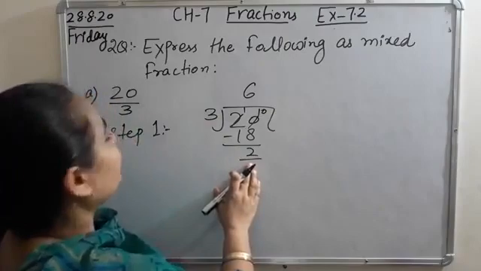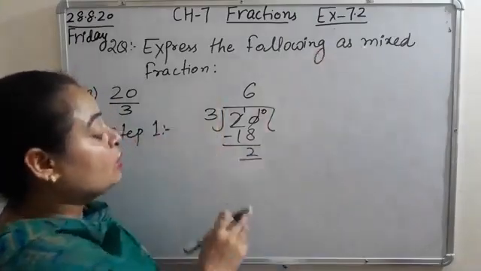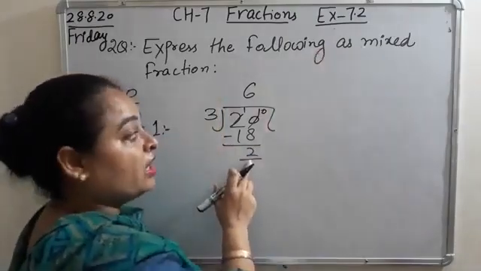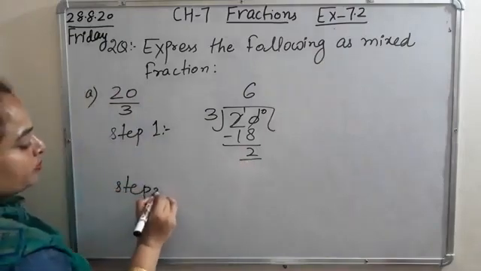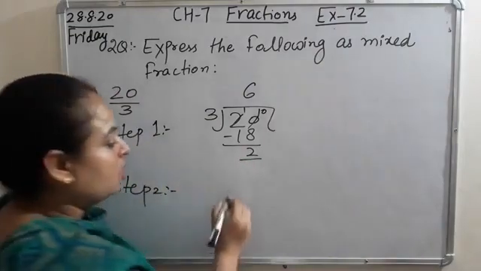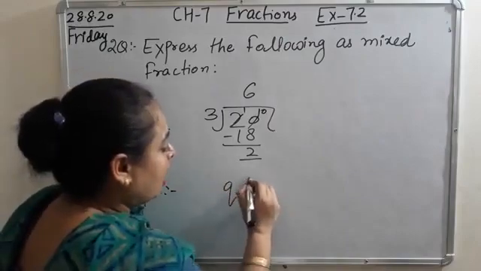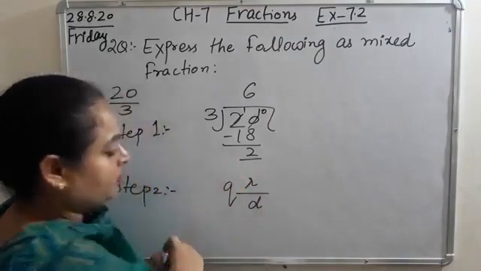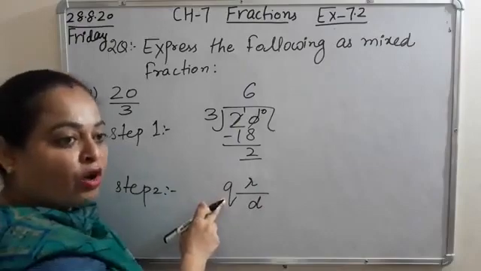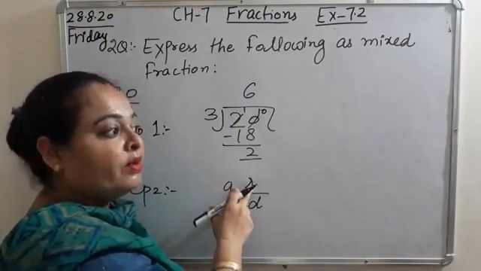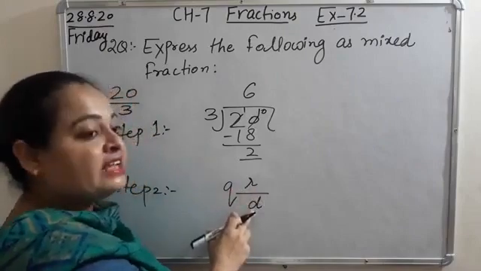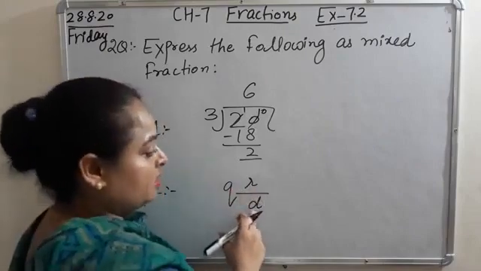And if the question is based on mixed fraction, then you have to show this division in fair, not in rough. Now step number 2, apply the formula Q R by D. Here Q stands for quotient, R stands for remainder, and D stands for divisor.